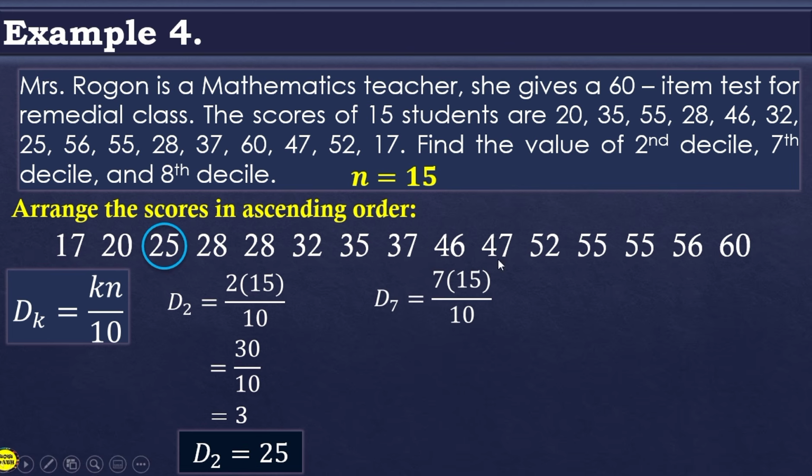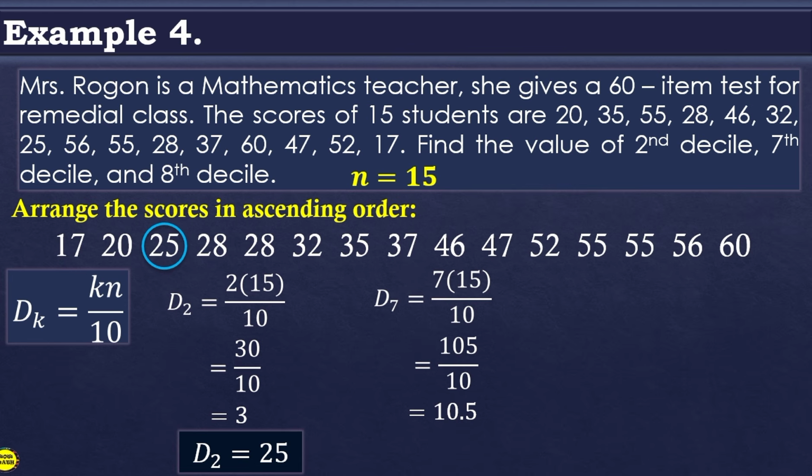Okay. The seventh decile. Papalitan lang natin yung k natin ng 7. 7 times 15 divide 10. That is 105 divide 10. The answer is 10.5. Ito yung sinasabi ko kanina, class. Kapag hindi whole number yung nakuha nating sagot, ano ang gagawin natin? Kailangan natin i-round to the next larger whole number yung sagot natin.